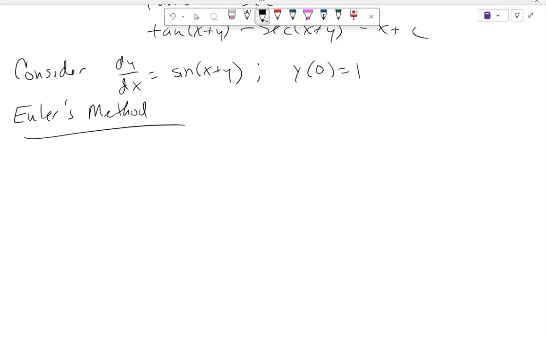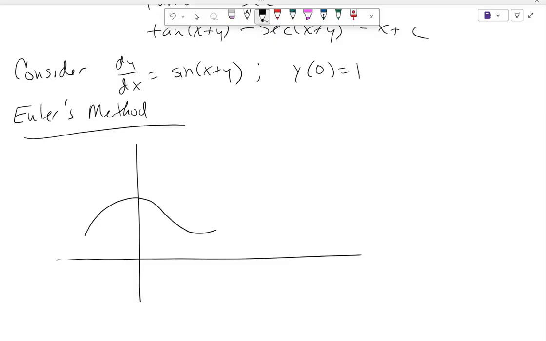And it really is a straightforward concept. Okay. Let's say we have a solution curve, whatever it happens to be. Okay.